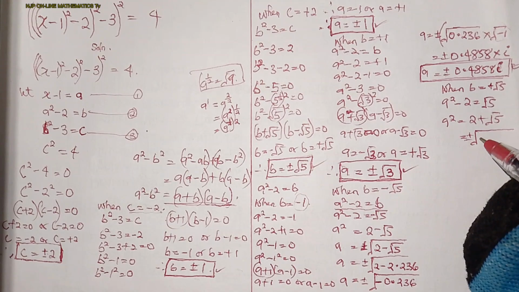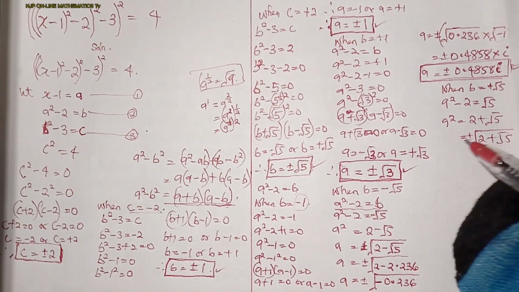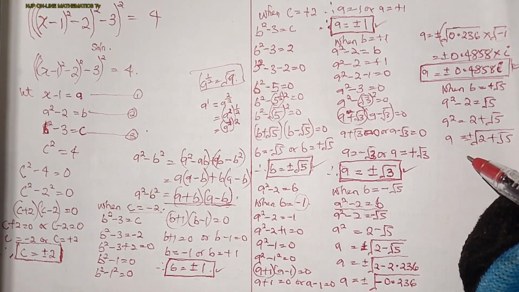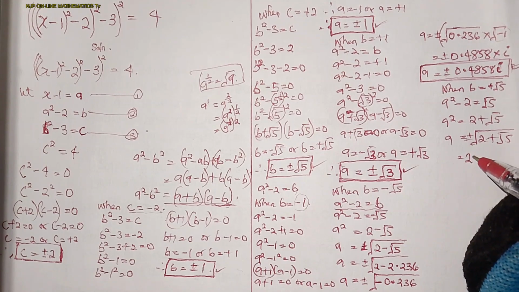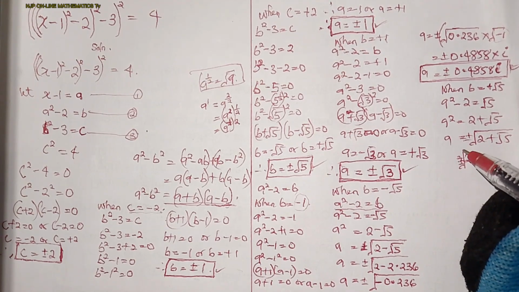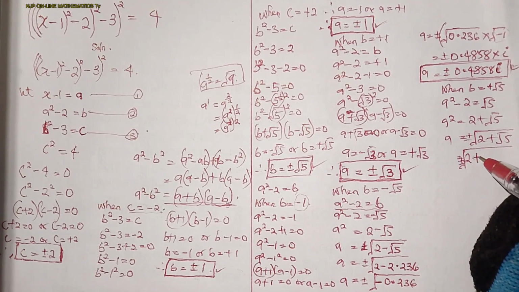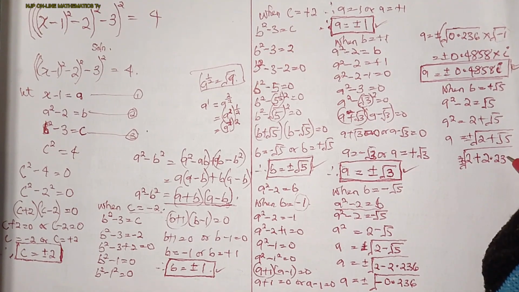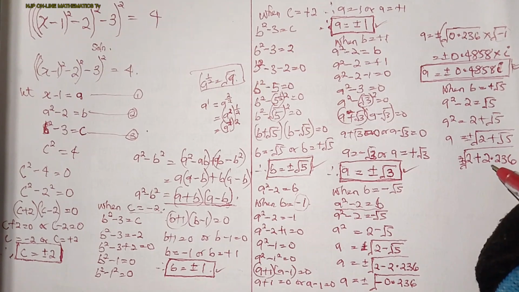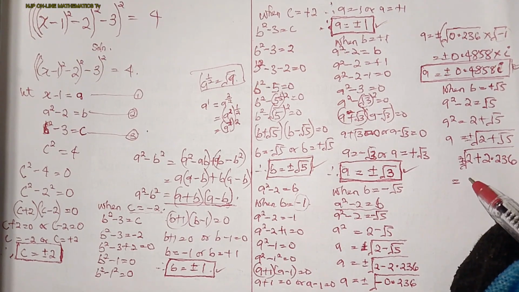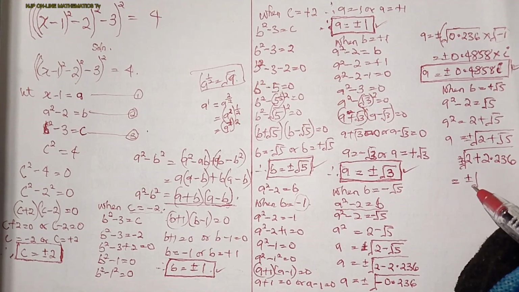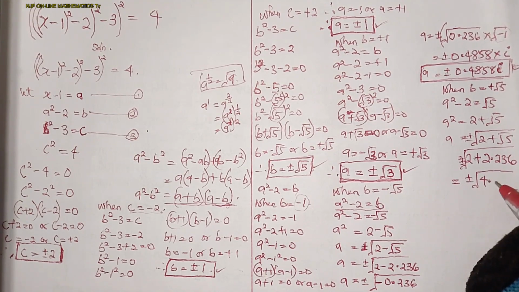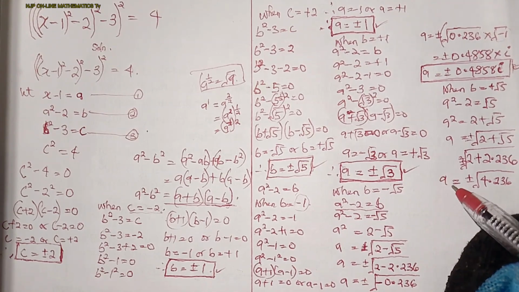We are having positive or negative the square root of 2 plus 2.236, and this equals positive or negative the square root of 4.236. So this now becomes the value of A.